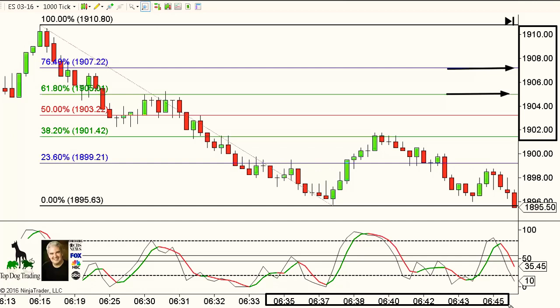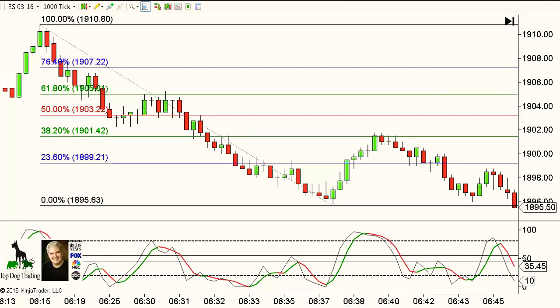And that's it. That's what you've got to work with on a chart, time and price. So we are looking for the confluence of time and price in order to find where and when the market is going to put in a high and then continue back in the direction of the trend. The Fibonacci levels give us potential prices where the market could top out. But what we also need then is time, and that's where the cycle indicator comes in.